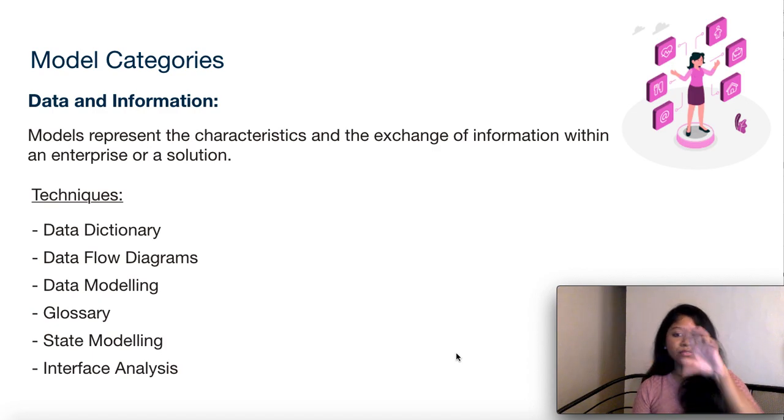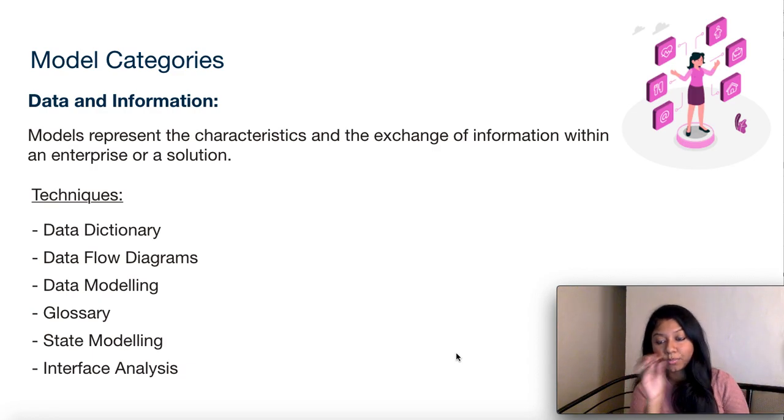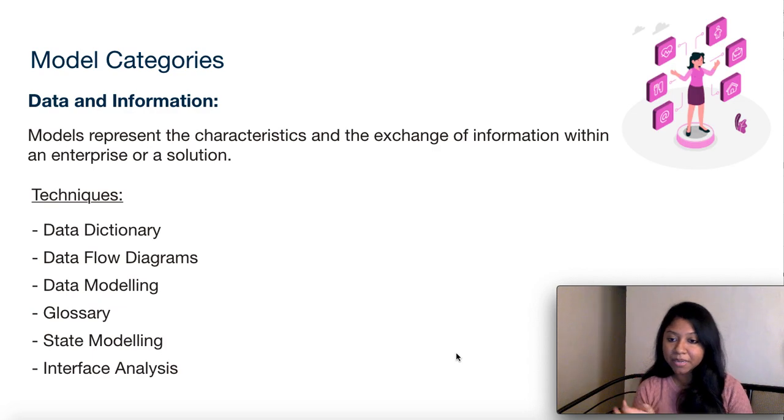So these are the different categories of models and the techniques within these models. Of course, it's not all the techniques that are there, but it gives you a high level idea of what a model is and the two ways in which models can be categorized. It also gives you an idea of how well you can model your requirements.